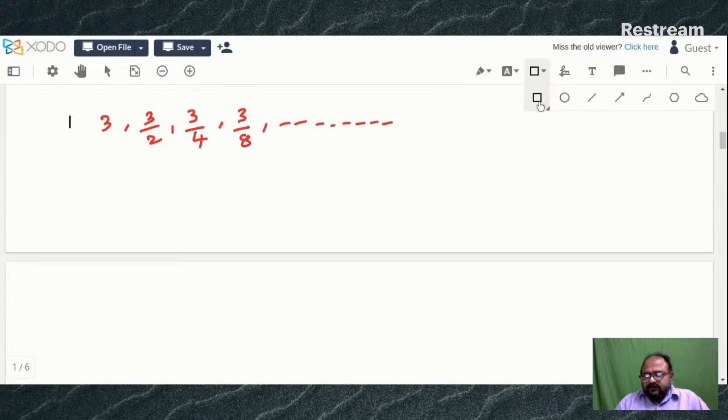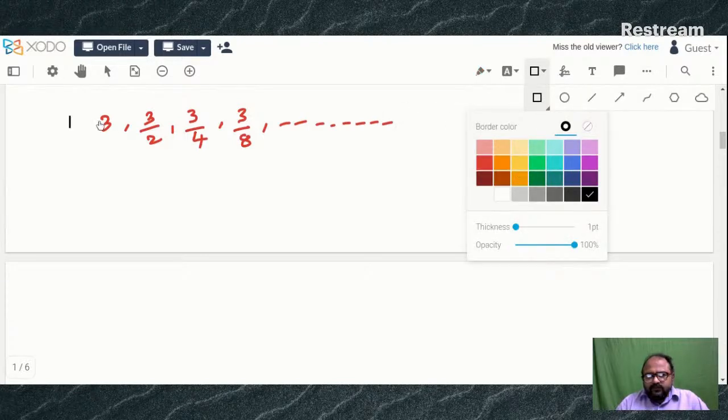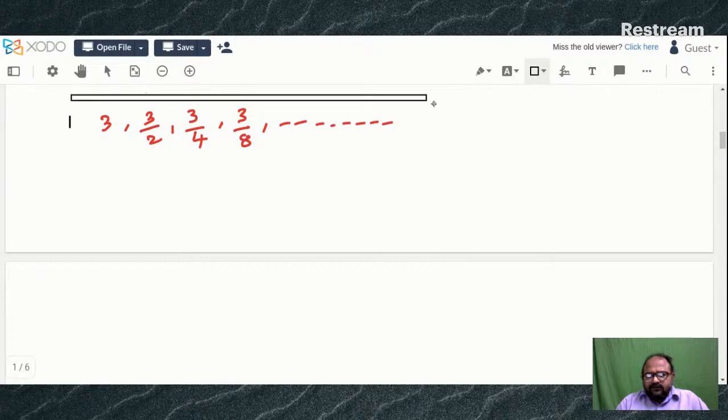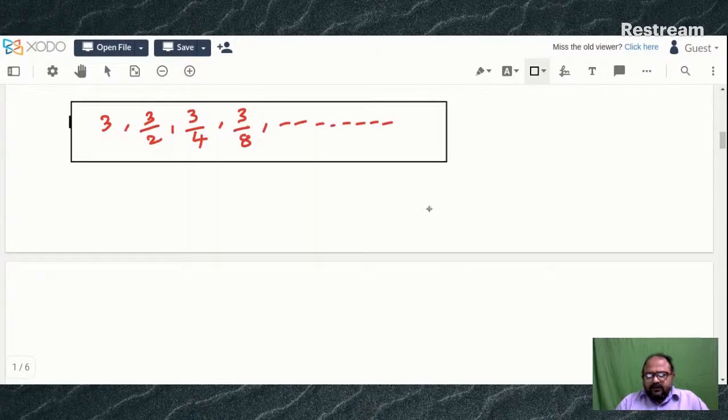So a geometric progression is given to you. Now what you have to do is find the common ratio R and the nth term of the geometric progression. The given list of numbers are in a geometric progression. It is clearly given.